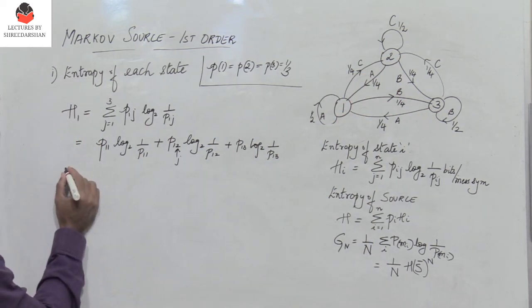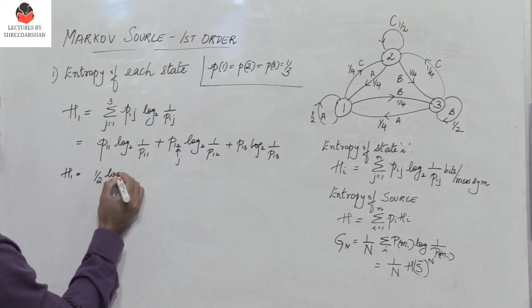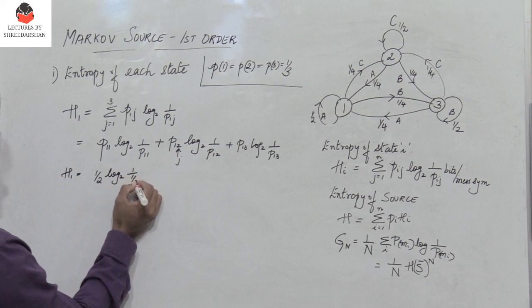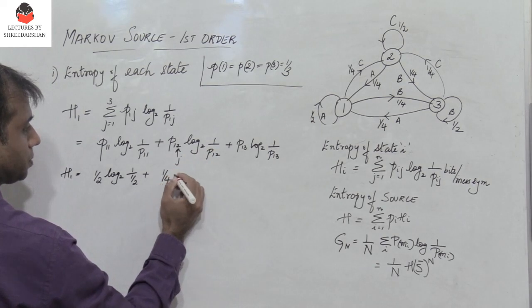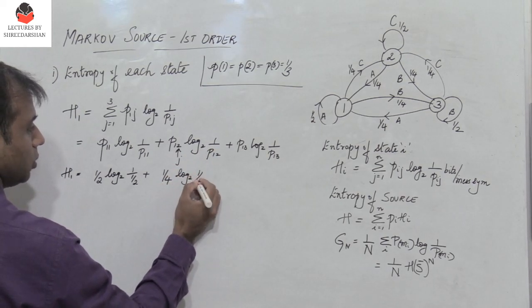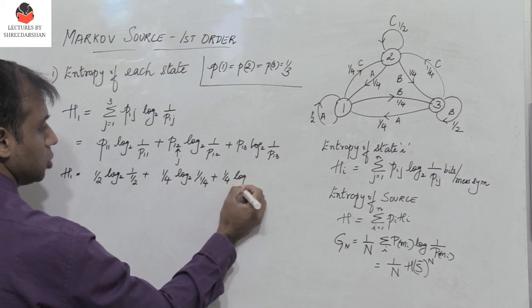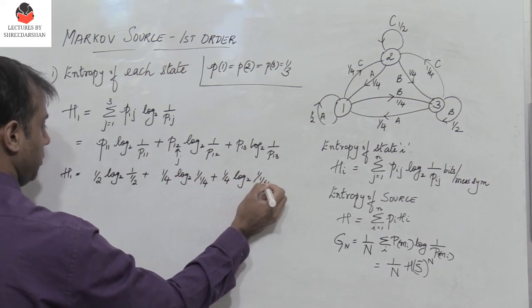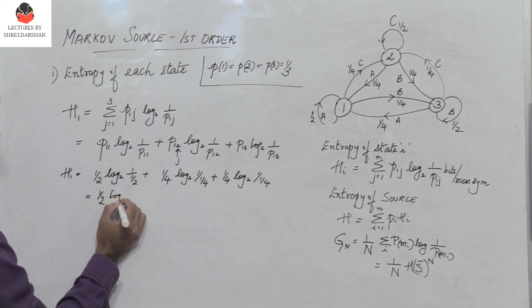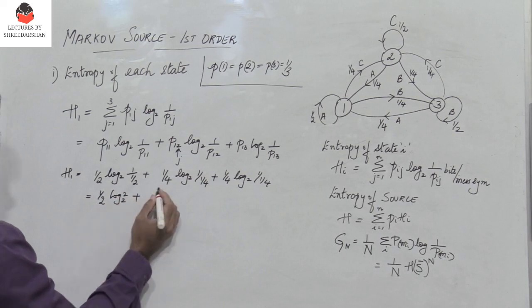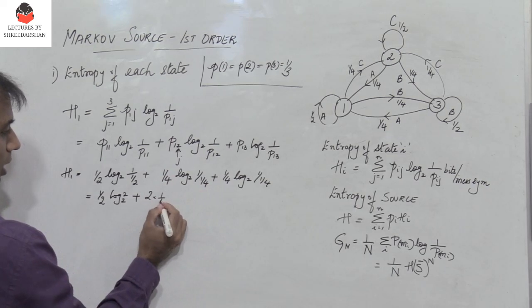So H1 is equal to, what is P11? It is 1 by 2 log to base 2 of 1 by 1 by 2, plus P12 is 1 by 4 log to base 2 of 1 divided by 1 by 4, plus 1 by 4 log to base 2 of 1 divided by 1 by 4. So this is nothing but 1 by 2 log 2 to base 2 plus, can I write this as 2 into this term? So 2 into 1 by 4.